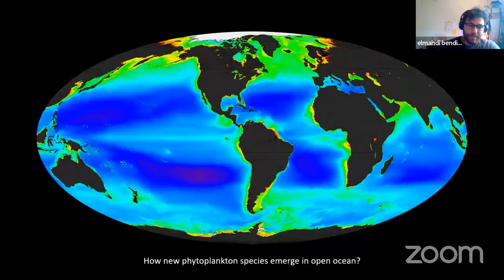So again, I'm coming back to that question, how new phytoplankton species emerge in open ocean? The open ocean is quite vast, and almost all currents are interconnected. But when we look at how the chlorophyll is distributed on this map, we can see some structuring patterns. So maybe it's not that simple.